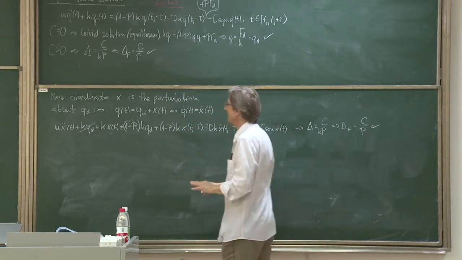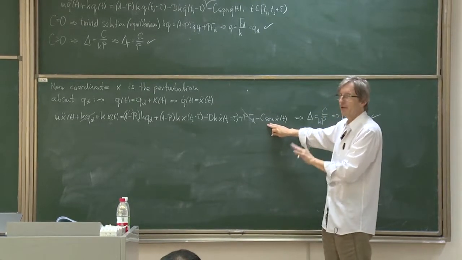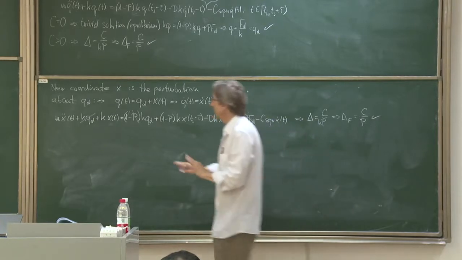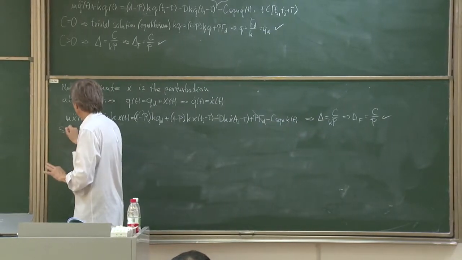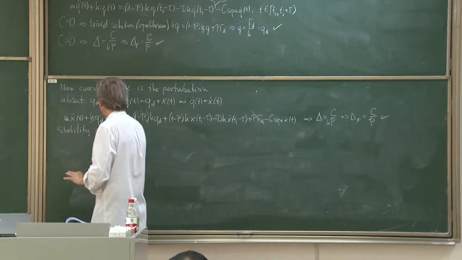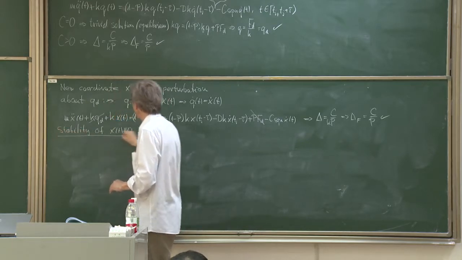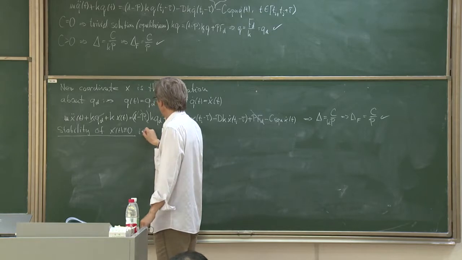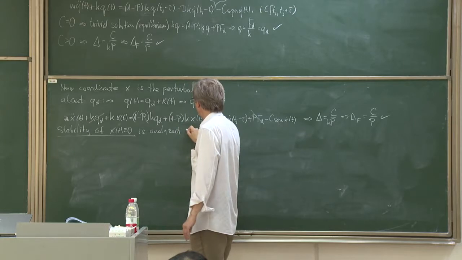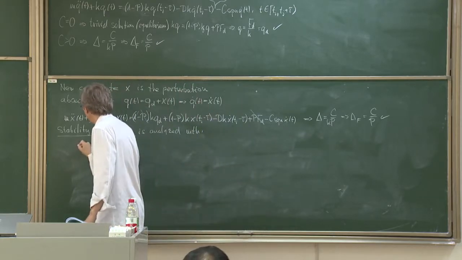These terms will cancel, and finally we will get the final form. From the stability viewpoint, we will neglect this c, and then we will just try to solve it this way. So the stability investigation of x t identical to 0 is analyzed with, and now let's put it down, and I will put it into a frame.